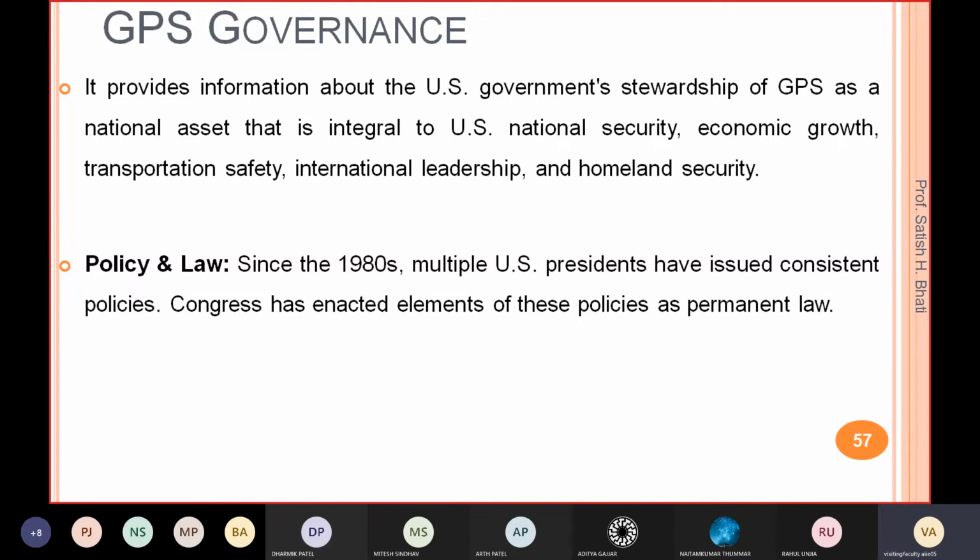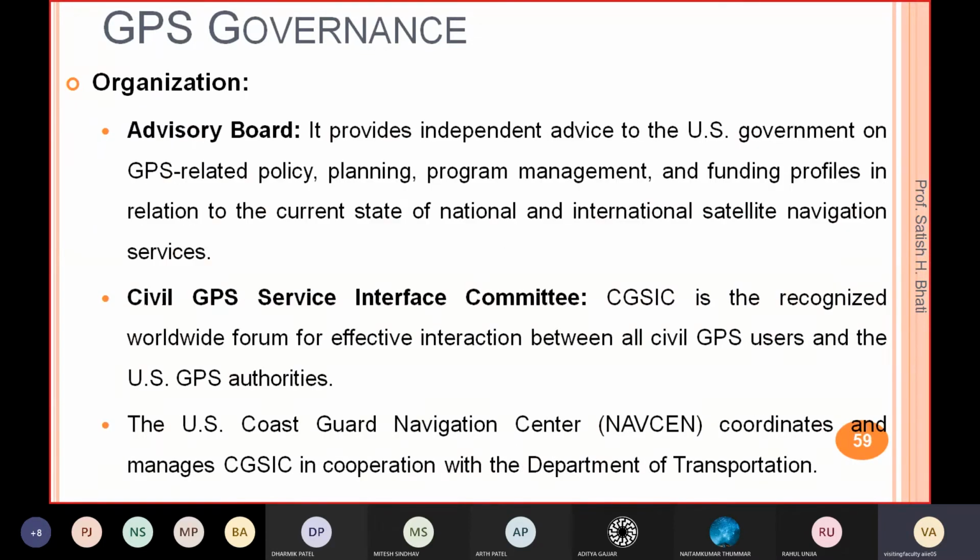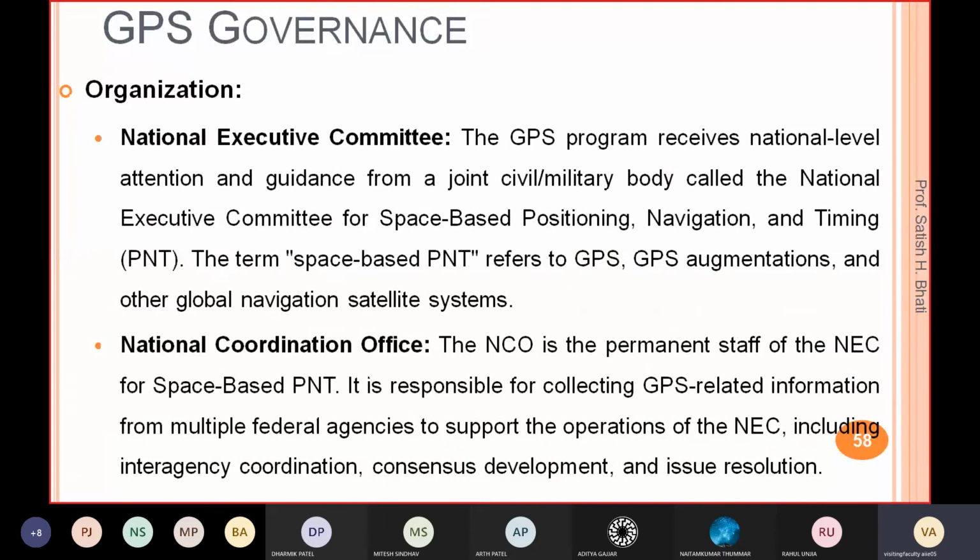Then the organizations in the GPS governance include the National Executive Committee, the National Coordination Office, the Advisory Board, and the Civil GPS Service Interface Committee, right? So these four are included in the organization, or we can say they are part of this governance, right?